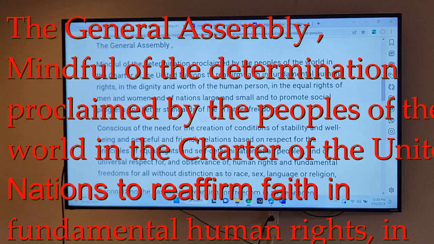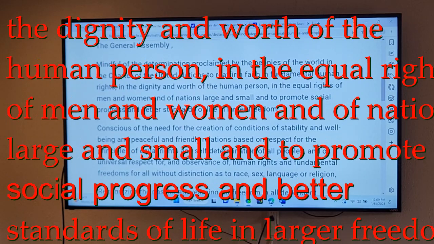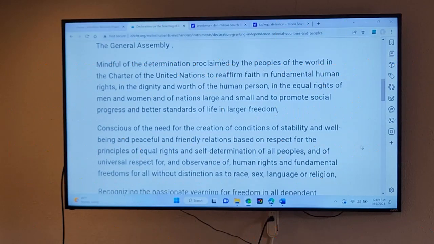The General Assembly, mindful of the determination proclaimed by the peoples of the world in the Charter of the United Nations to reaffirm faith in fundamental human rights, in the dignity and worth of the human person, in the equal rights of men and women and of nations large and small, and to promote social progress and better standards of life in larger freedom.